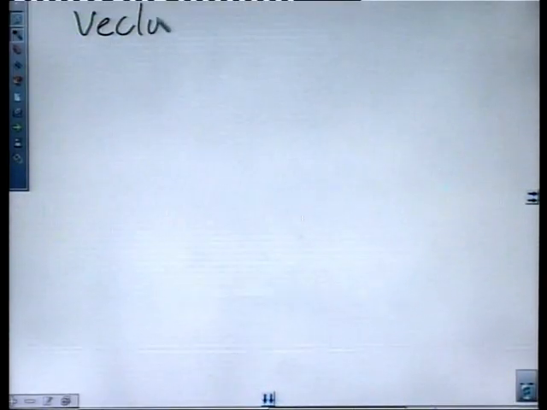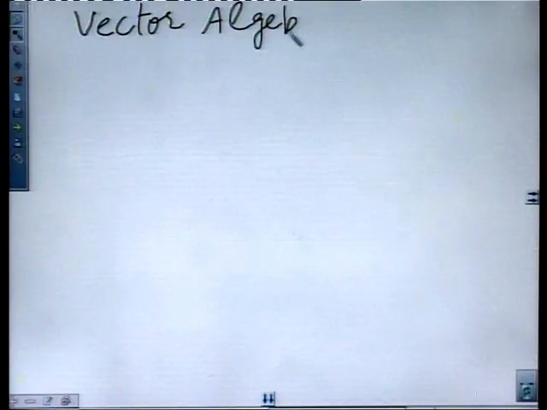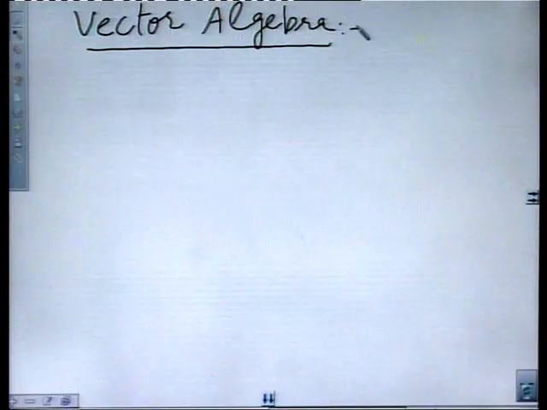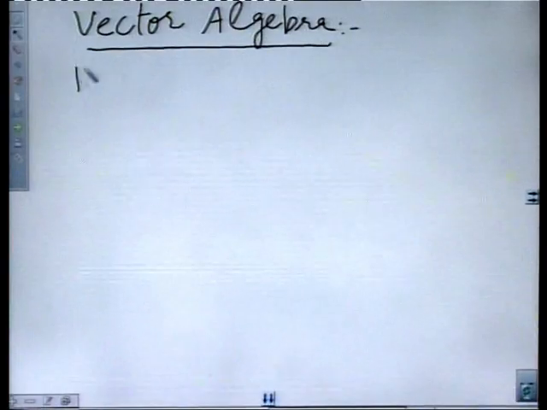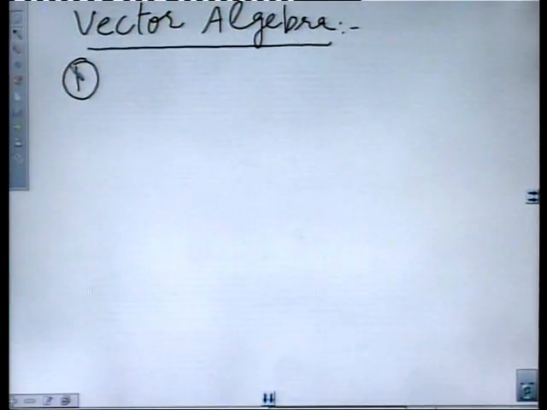Now, next is vector algebra. As we have stated earlier, vectors follow the rules of vector algebra. They can be added, subtracted and multiplied, but they follow the rules of vector algebra.